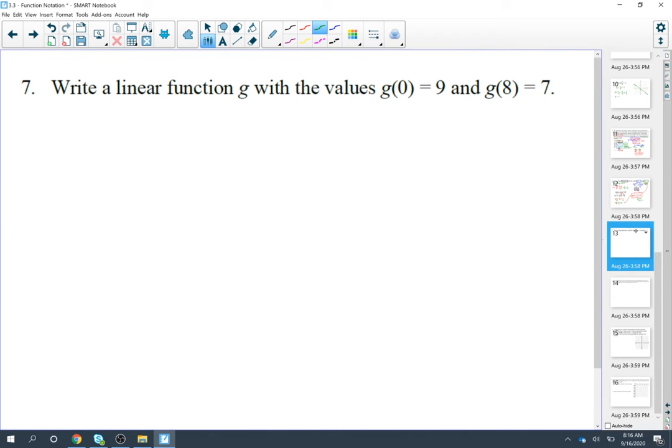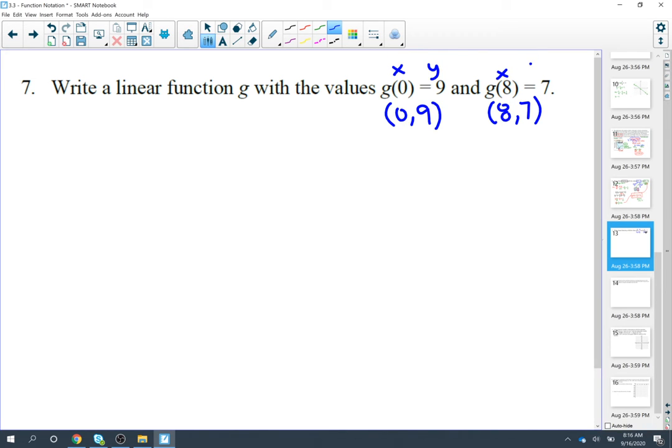Example 7. Write a linear function g with the values g of 0 equals 9 and g of 8 equals 7. Same thing, we're just going to practice it again. So my first point is (0, 9). My second point is (8, 7). This is your x, this is your y.